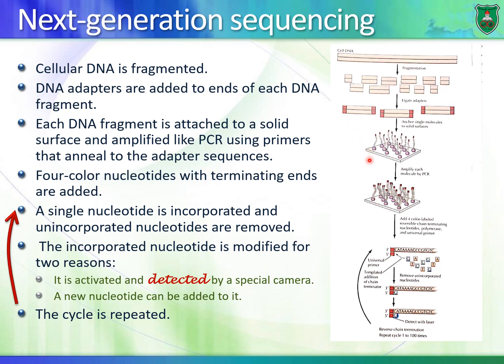One of them is to allow these DNA fragments to attach to a platform, to a solid surface. And two, so that they can act as binding sites of primers, the same ones that we talked about before for DNA synthesis. And then DNA synthesis starts. The thing is, it starts like this.